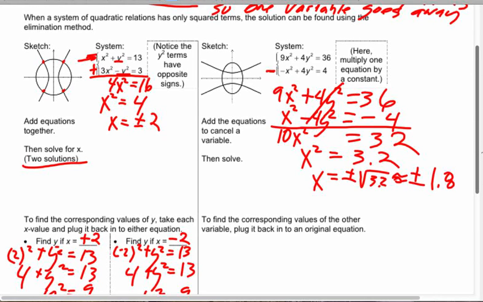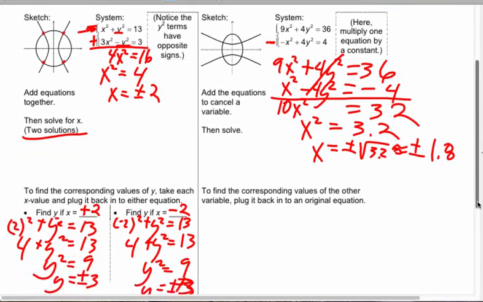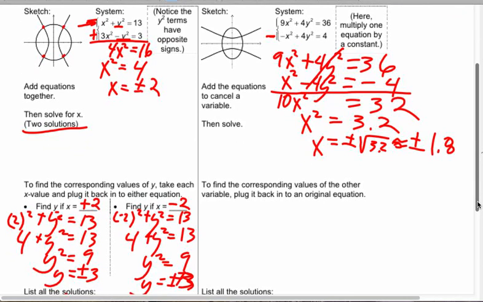Okay, so now we've got my x's, and we do the same thing we did above. We're going to plug the x value in for one of these equations, and it doesn't really matter. I don't really like having that negative there, so let's plug it in up here. So I'm going to have 9 times the square root of 3.2 squared.